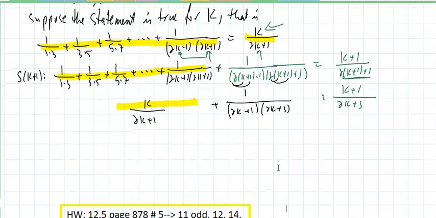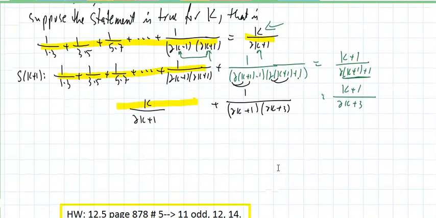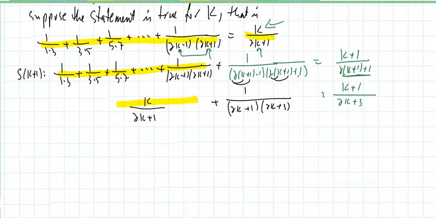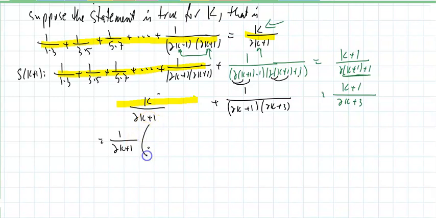If I factor out of those 1 over (2k plus 1), what would be left out of this piece? Just a k. And if I factor this piece out, 1 over (2k plus 3), now what?